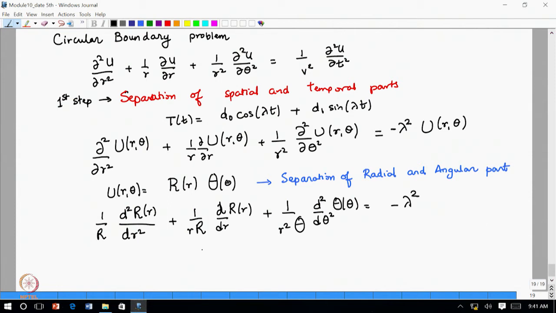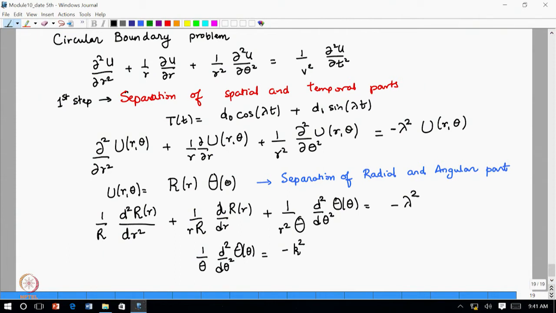Therefore, you conclude that 1 by Theta d square by d theta square of Theta of theta is equal to a constant. I will call it minus k square. It can be any constant, it need not be equal to lambda square. We will just call it minus k square.